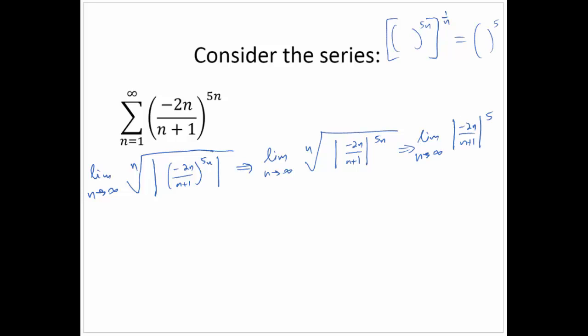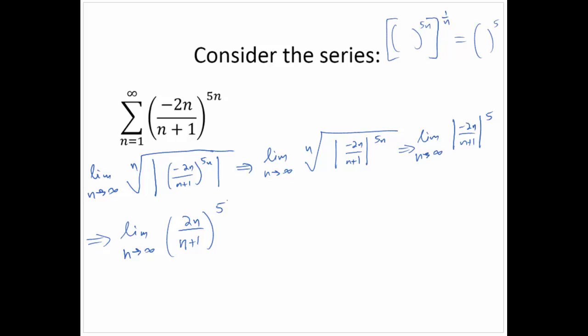The absolute value of n plus 1 is not going to be affected, but that negative 2 under the absolute value is going to become a positive 2. So that becomes the limit as n approaches infinity of 2n over n plus 1 to the 5th power.